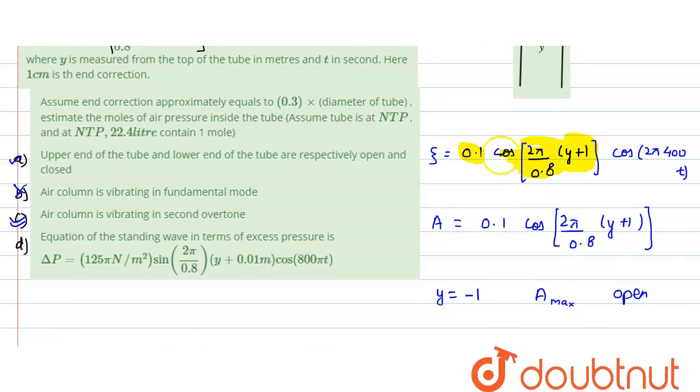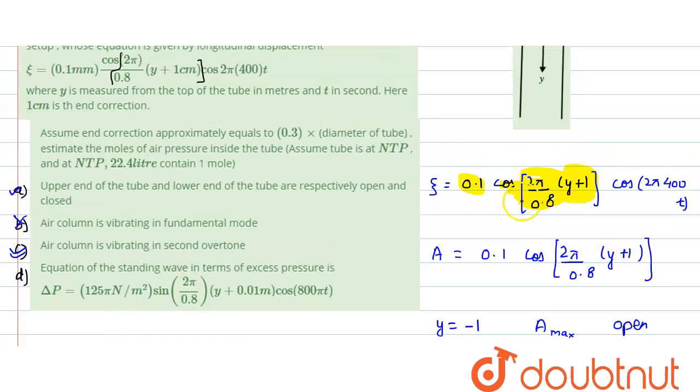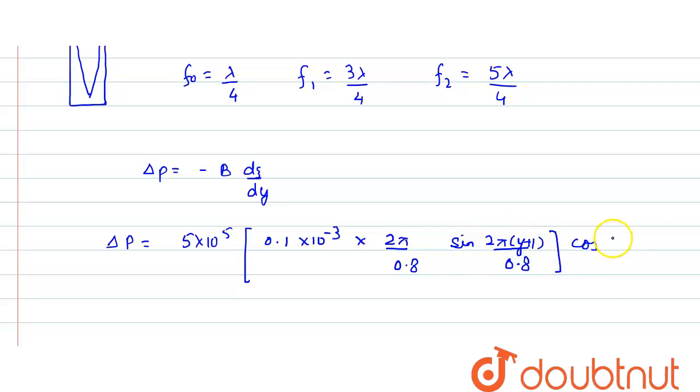Differentiation of cos gives minus sine, and the factor 2 pi by 0.8 multiplies. The minus and the minus from differentiating cos turn out to be positive, so we get 0.1 into 10 raised to the power minus 3 into 2 pi by 0.8, because it was given in mm and we converted it to meters, then sine of 2 pi y plus 1 divided by 0.8, and cos of 2 pi into 400 t.